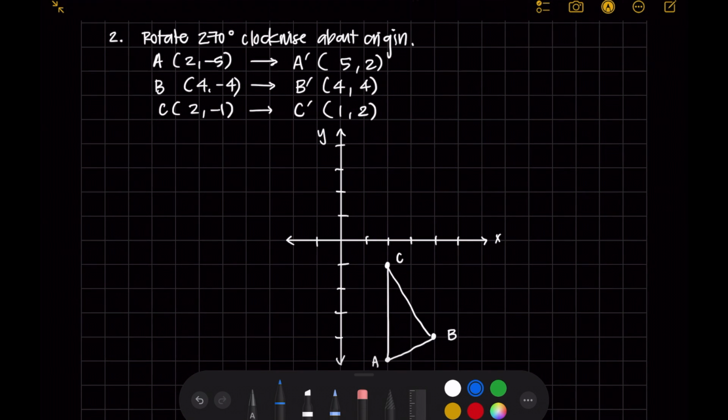And in blue, I'm going to draw our rotated figure. A prime is located at (5, 2). B prime is located at (4, 4). C prime is located at (1, 2). And so this is my new figure.